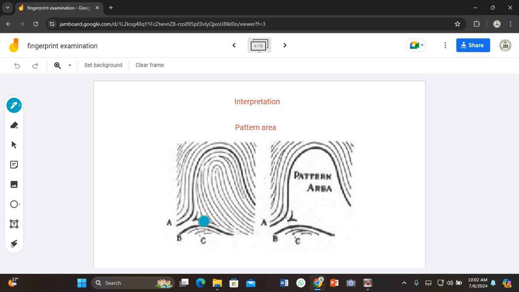So now the delta may be a bifurcation. A bifurcation is when a ridge divides into two, that is, forks into two. Then it may also be an approach ridge, maybe a short ridge, or it may be just a round dot. It may be a meeting of two ridges.